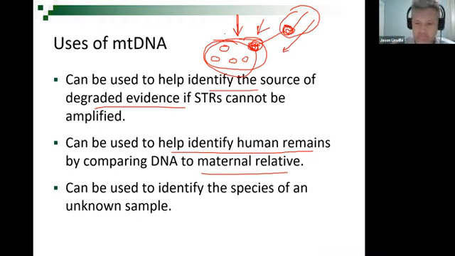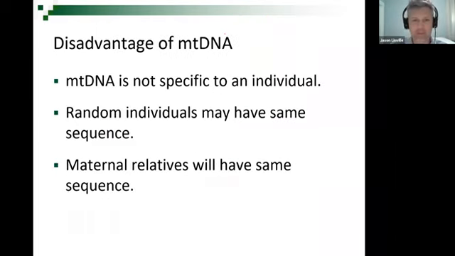Mitochondrial DNA from the mother. So that means I have the mitochondrial DNA from my mother. I have the same mitochondrial DNA as my sister because we have the same mother. I have the same mitochondrial DNA as my brother because we have the same mother, again, assuming that we have the same mother here. My sister has children. My nephews, Keegan and Nolan, they have the same mitochondrial DNA as my sister, Kristen.